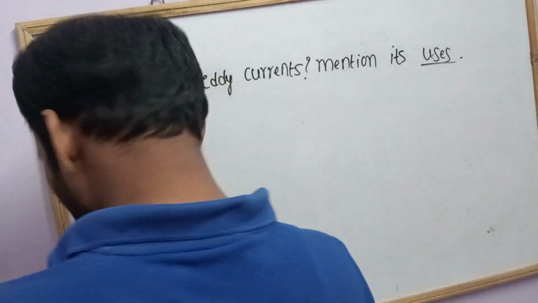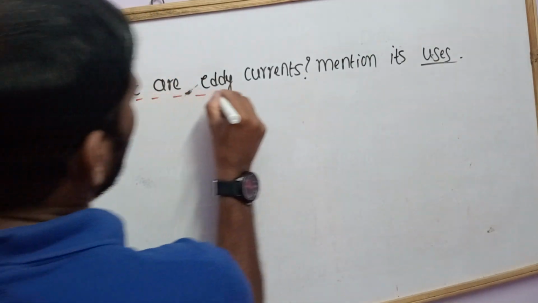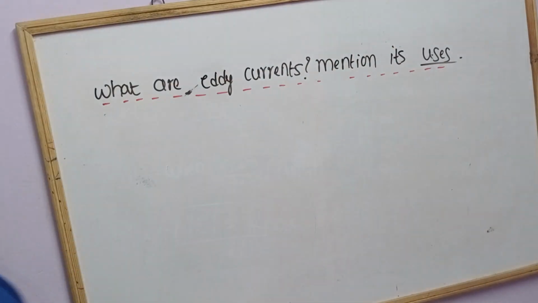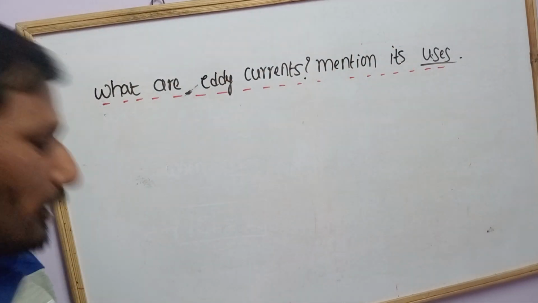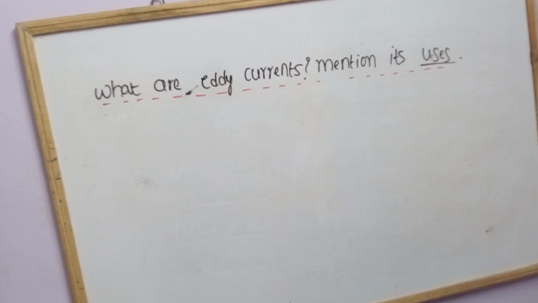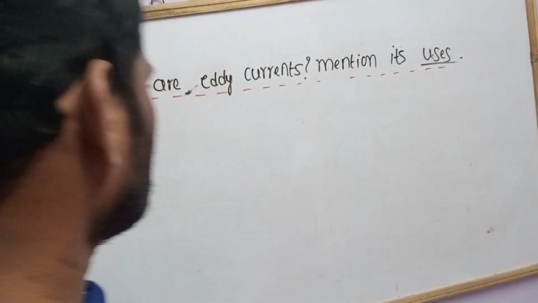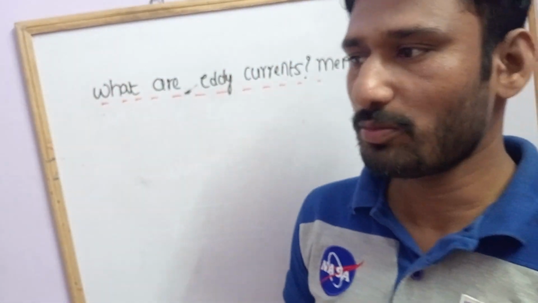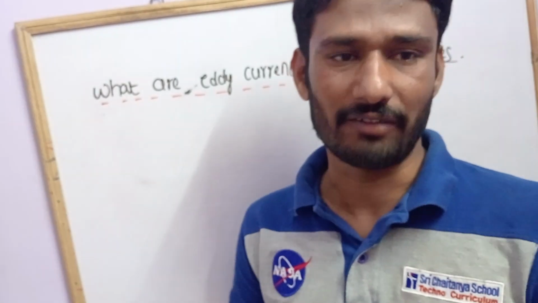So the circulating currents induced in a metal plate whenever the metal plate is moving in a varying magnetic field. The correct definition is the circulating currents induced in a metal plate which is moving in a varying magnetic field.